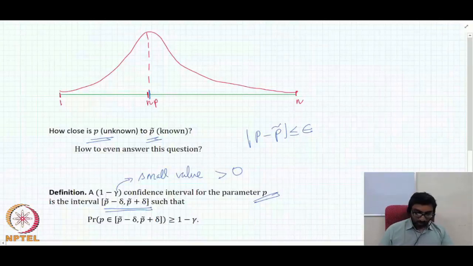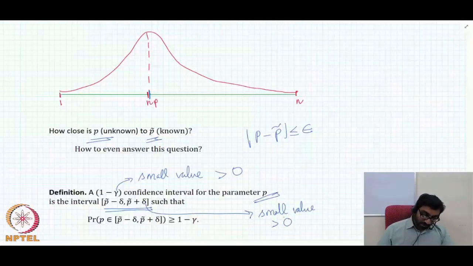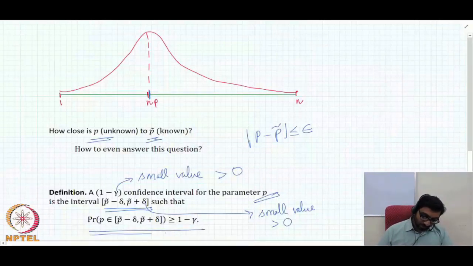So it's basically p tilde plus or minus some small delta, and this delta again is a small value, strictly greater than 0, such that we have the following probabilistic guarantee. And what is this guarantee? The probability that this parameter p lies within this interval is large, in particular greater than 1 minus gamma.